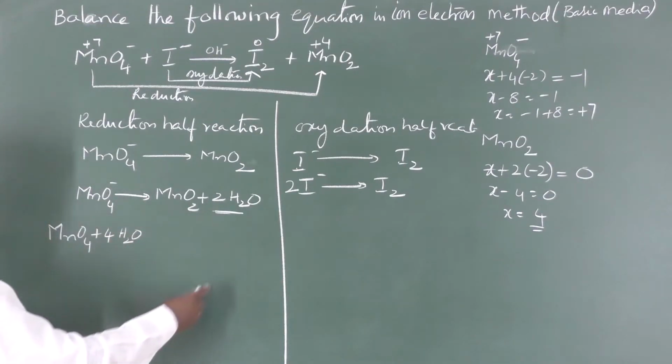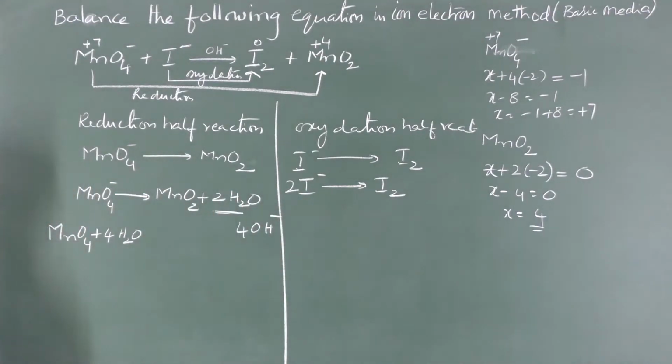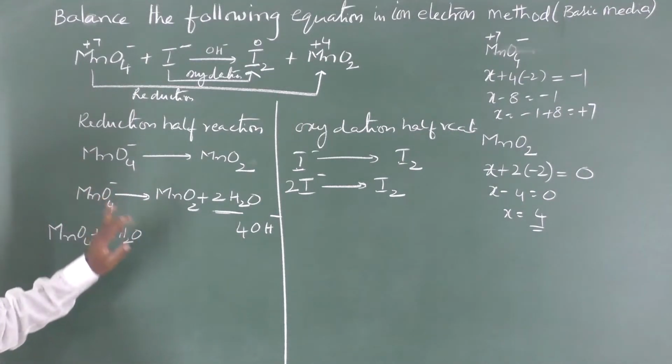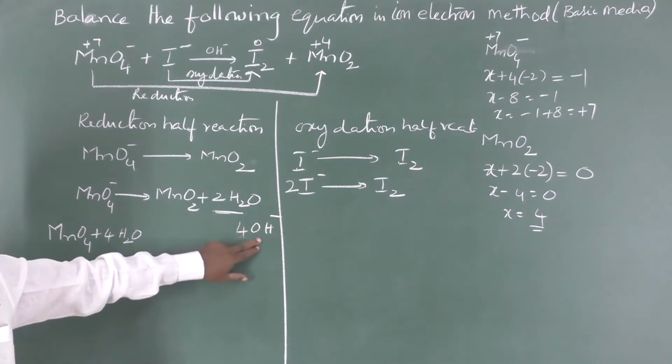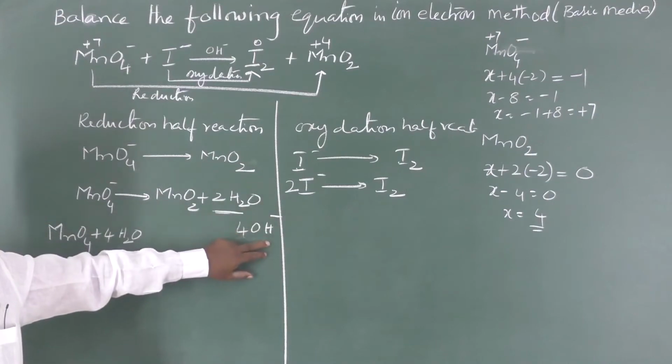At the same time, you have to write 4 OH minus ions on this side. Because if you write 4 H2O on this side, in total 8 hydrogens you are adding, but the deficiency is only 4. That's why you are adding 4 hydrogens and 4 oxygens extra. To balance that, we have to write 4 OH minus on the same side.